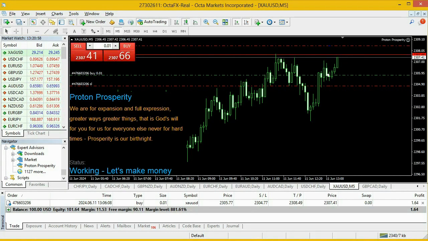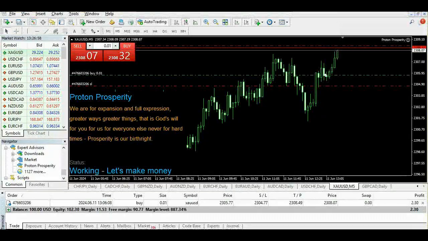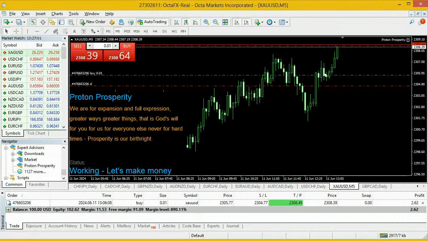As you can see, price is moving towards our profit target. Moving forward. This is 20 minutes into the trade.